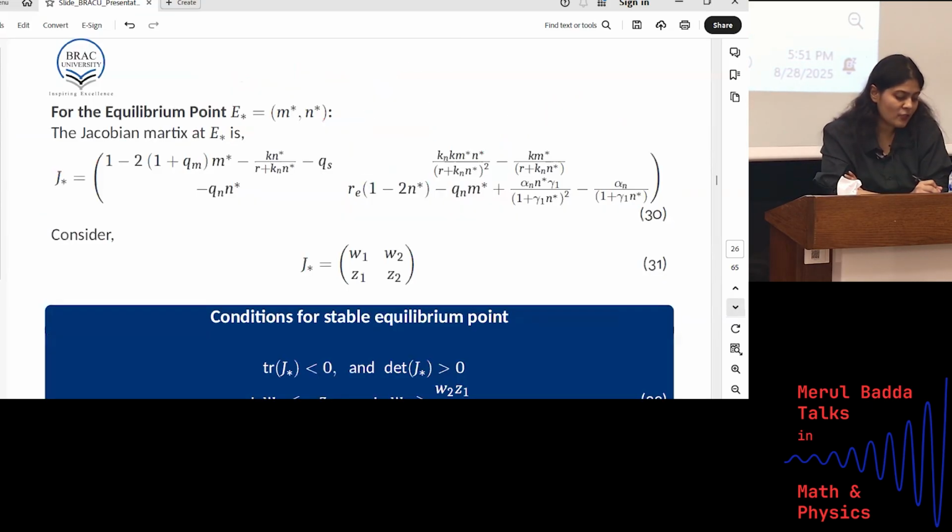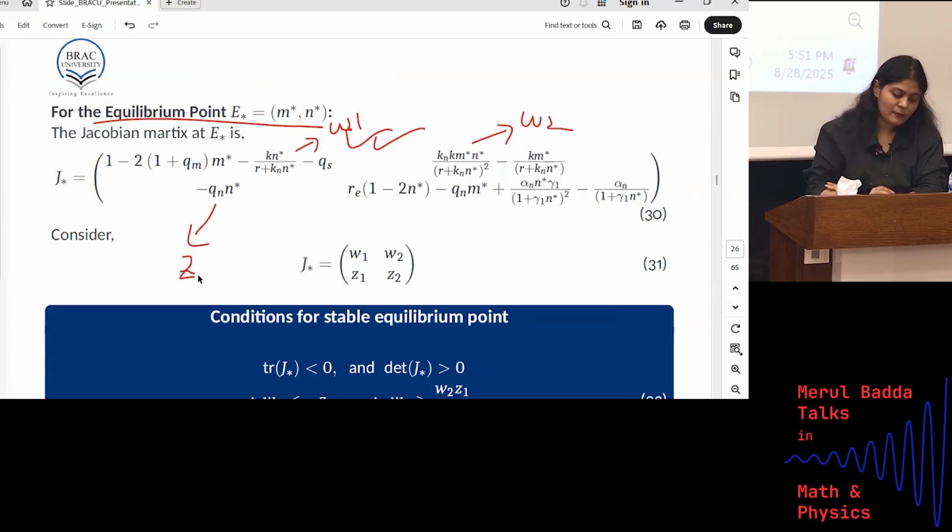For the endemic equilibrium point, this is our Jacobian matrix, and again we can write this as W1, this as W2, this as Z1, and this as Z2. Similarly, the conditions for stability are that the trace must be less than 0 and the determinant must be greater than 0.